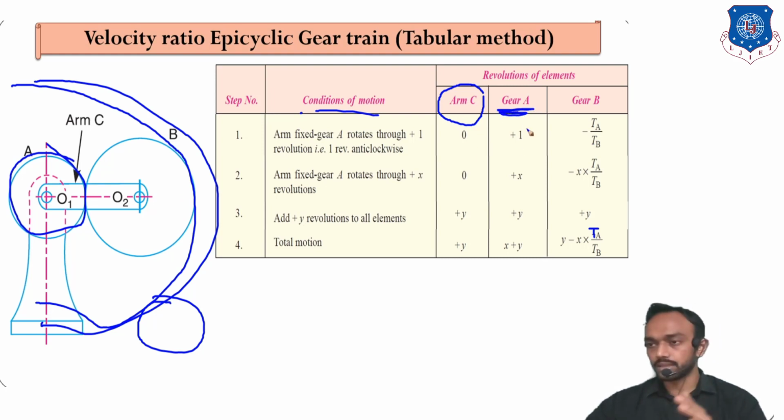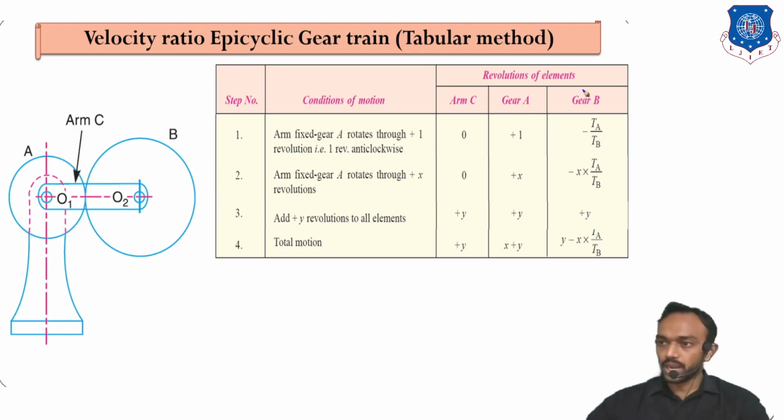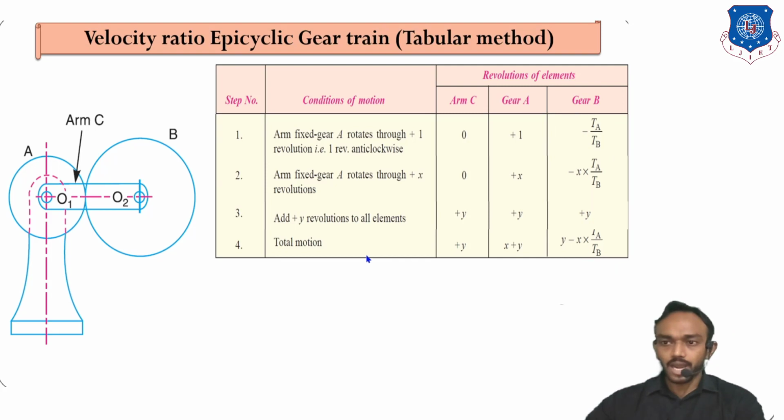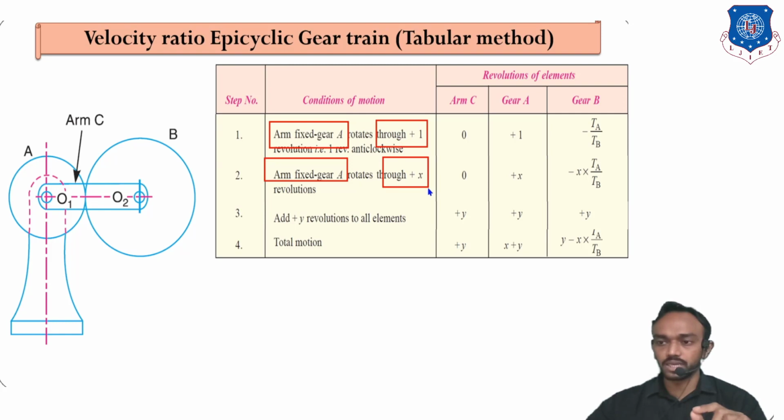One by one check that A is connected to B, B is connected to C, meaning how the motion is passed through, and make as many columns as there are gears. After that start with the first row. Arm is fixed always, so here will be 0 always, and first of all give +1 revolution, and after that plus x revolution.